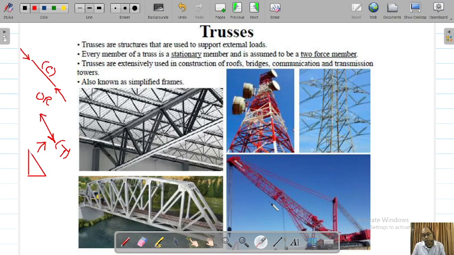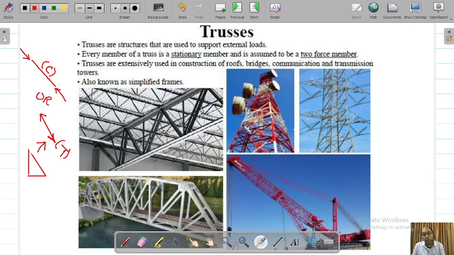This is a crane on which a truss is installed. There is a big boom of the crane which is lifting the load, and this is a frame. There is a machine installed by means of a pulley, a chain, and then also a hook to lift the load.